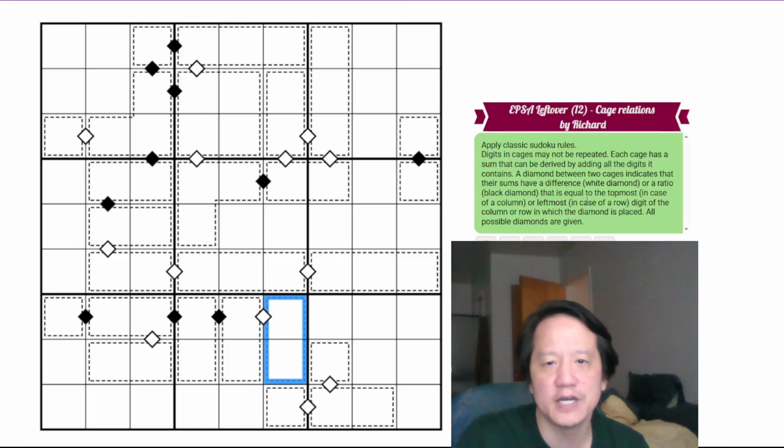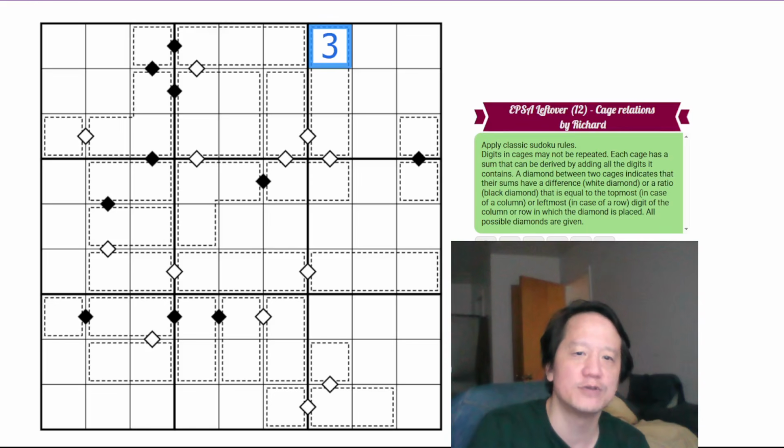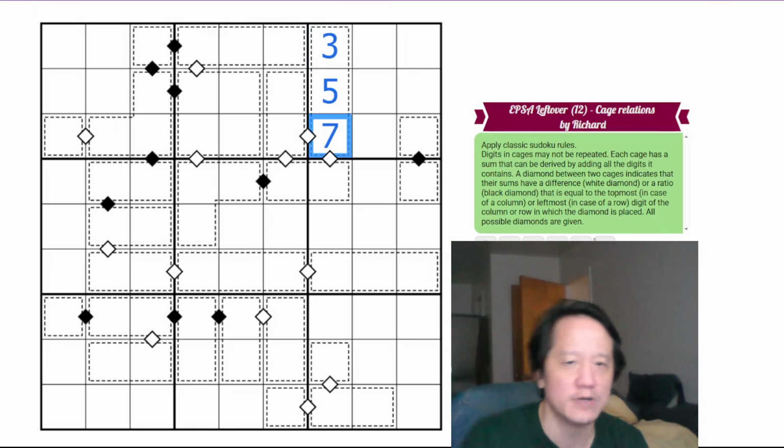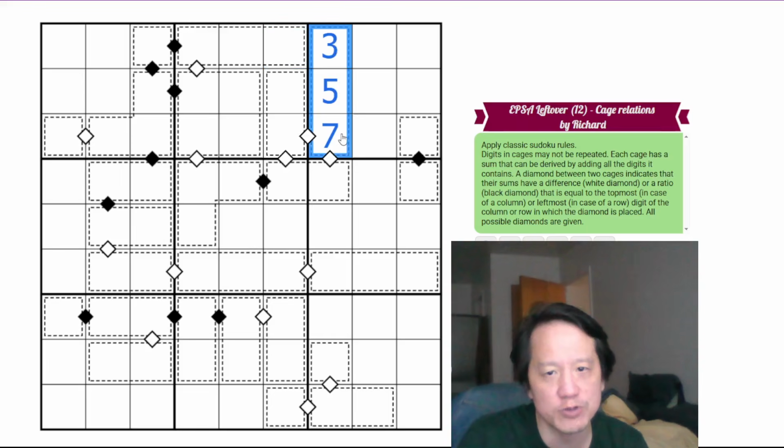Each cage has a sum that can be derived by adding all the digits it contains. So, for example, if this were, say, 3, 5, and 7, the sum of the cage would be 15 here, because it's the sum of the digits in the cage, which are 3, 5, and 7.